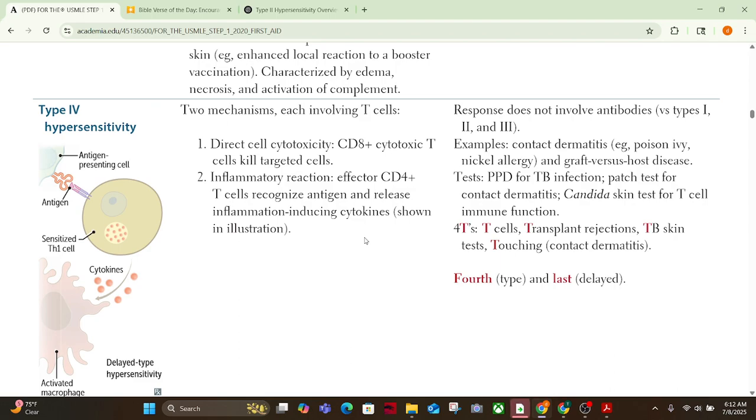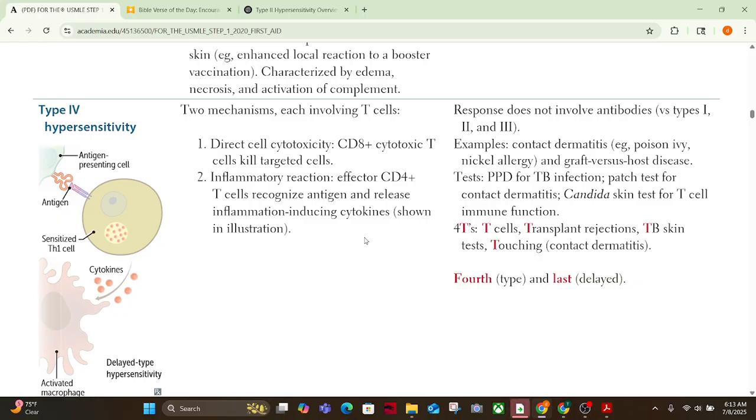Okay, so macrophages secrete IL-12, and this causes CD4 positive T cells to differentiate into Th1 cells. Then the Th1 cells secrete interferon gamma, and this strongly activates macrophages. Th1 cells also secrete IL-2 to increase T cell expansion. Now, activated macrophages then release TNF-alpha, interleukin-1, and IL-12.